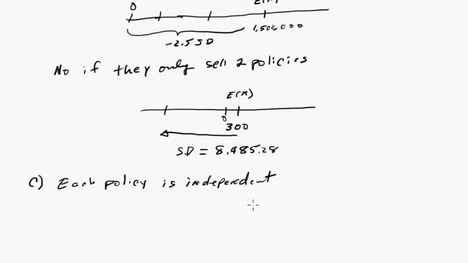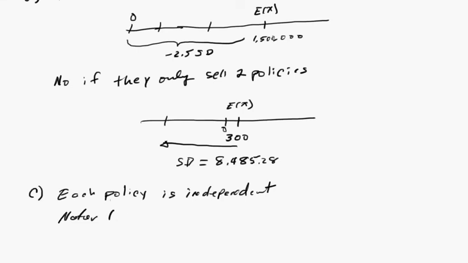So probably what we're thinking about is some kind of natural disaster, like a forest fire, or a real bad tornado that comes through, or a hurricane, something like that, where all the houses get destroyed and they all have to file a claim. Then the policies could no longer be perceived as independent.